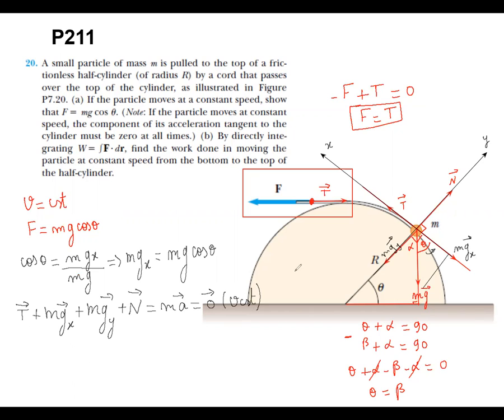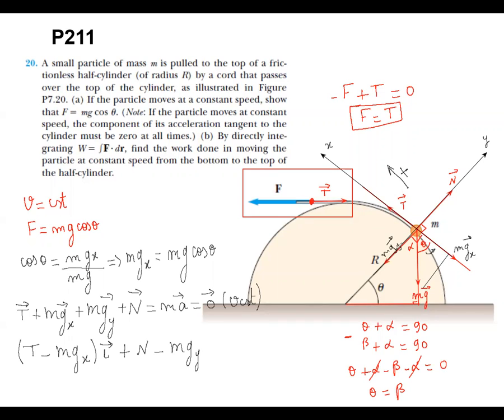Now we have T and mgx on the x-axis. As the motion is in this direction, we take this as the positive direction, T in the positive, so T minus mgx in the negative direction. On the y-axis, N is in the positive direction, minus mgy.